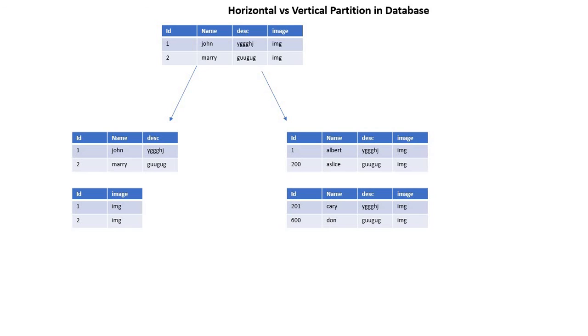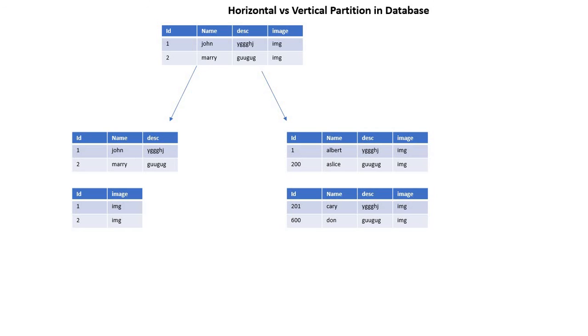There are two types of partition when we think about scaling at the table level: horizontal partition and vertical partition. Vertical partition is splitting the table in such a way, almost a kind of normalization, with critical columns in one table and less critical columns in another.